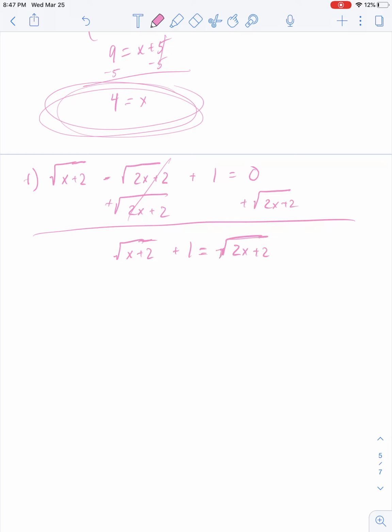All right, so I am going to eliminate this one. Take it to the power of 2, come over here, take that to the power of 2. This is a binomial, so I've got to show 2 of them. And here, the radical and power of 2 cancel out.